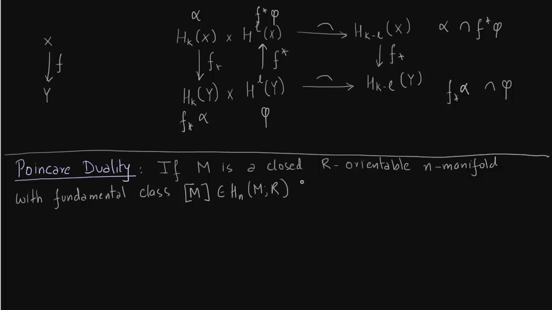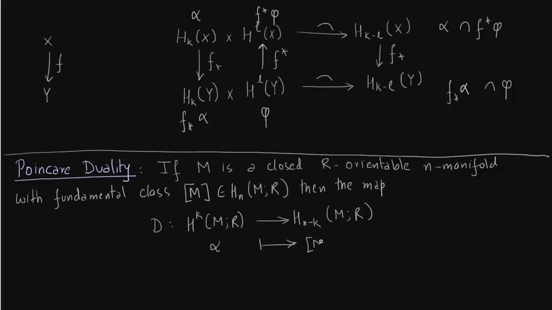You take just one element of the homology group and call it alpha, and then you have the following map. We have already seen this map coming from the cap product: M cap alpha, and this map is an isomorphism for all k.